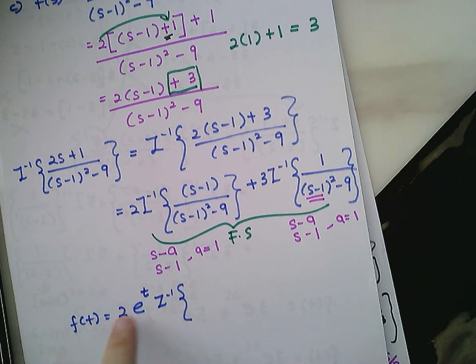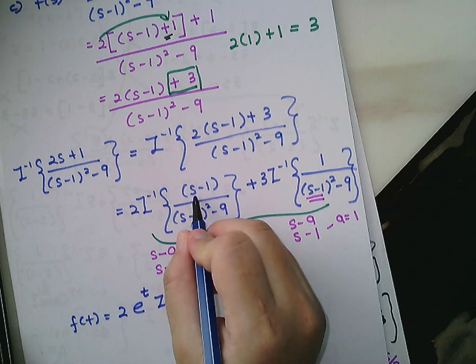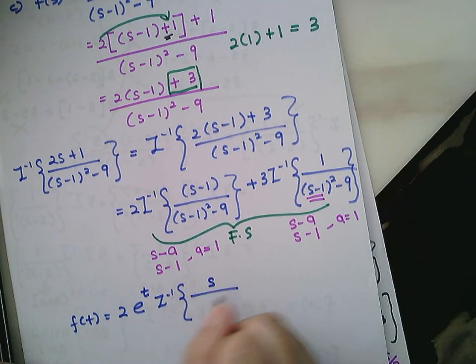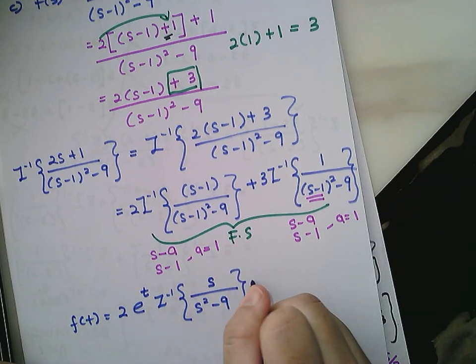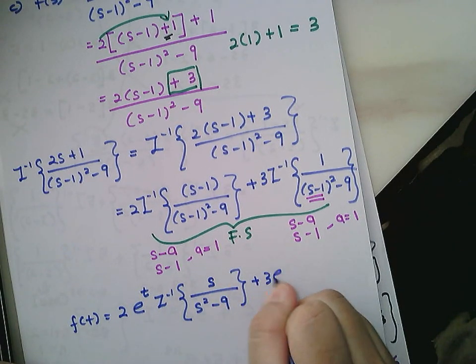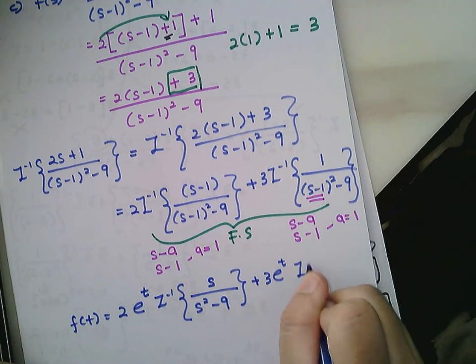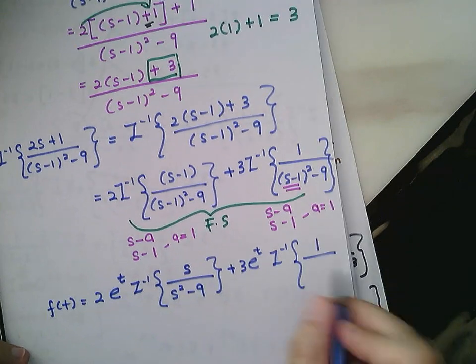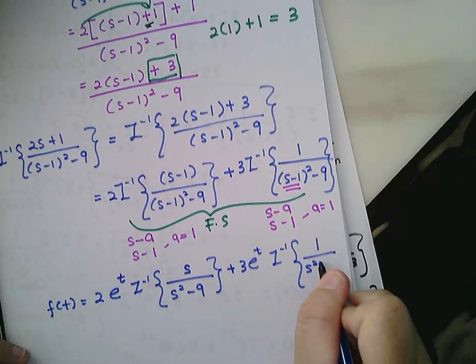Remember when you have the exponential term, s minus a will be replaced by s. So this is s minus 1, and you will have s over s squared minus 9, plus 3 e to the t, inverse of 1 over s squared minus 9.